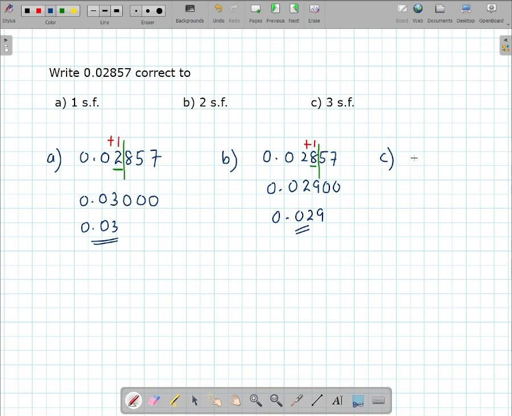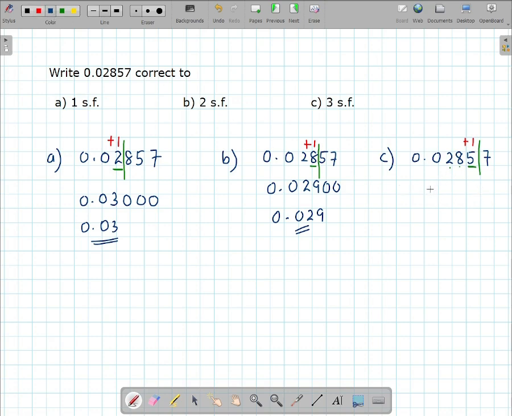C. I'm going to write the given number again, that is 0.02857. So we need to find the third SF: 1, 2, 3. That is 5. After that, I'm going to put a separation. Then check the digit right after the separation, that is 7. That is more than 5. If it is more than 5, what do we do? We have to add 1 to the underlined digit.